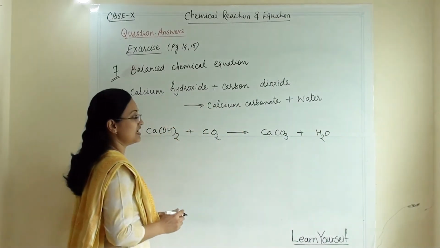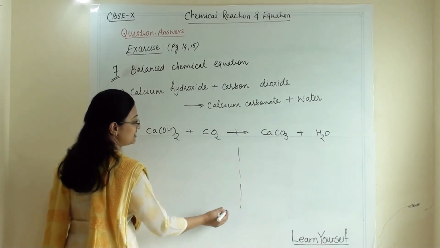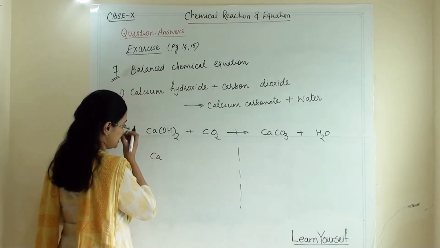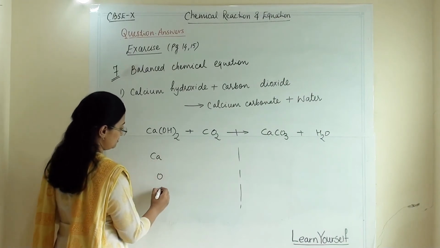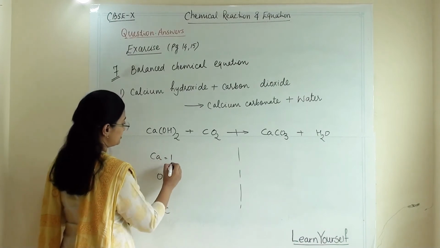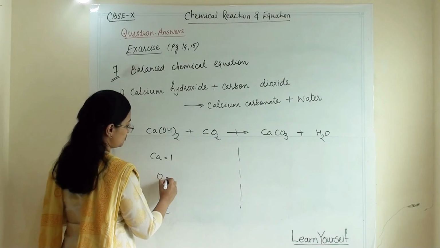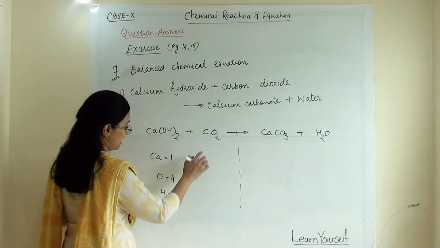So it is H2O. Now let us see how many atoms are there towards product side and towards reactant side. So calcium, then oxygen, hydrogen and carbon. Calcium is 1, oxygen are 2 plus 2, so 4, hydrogen are 2, carbon is 1.